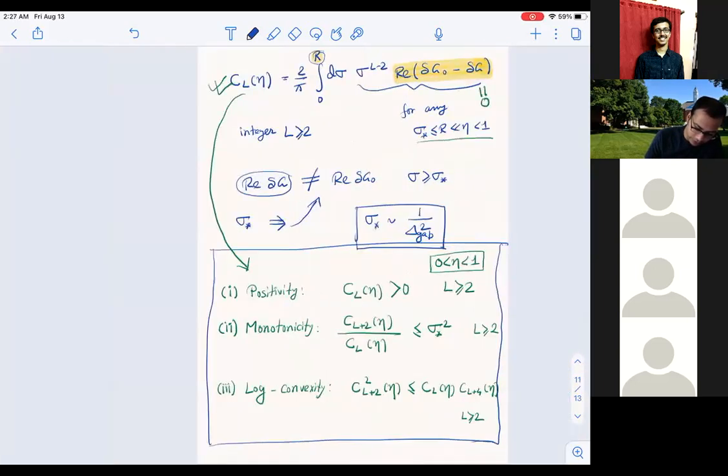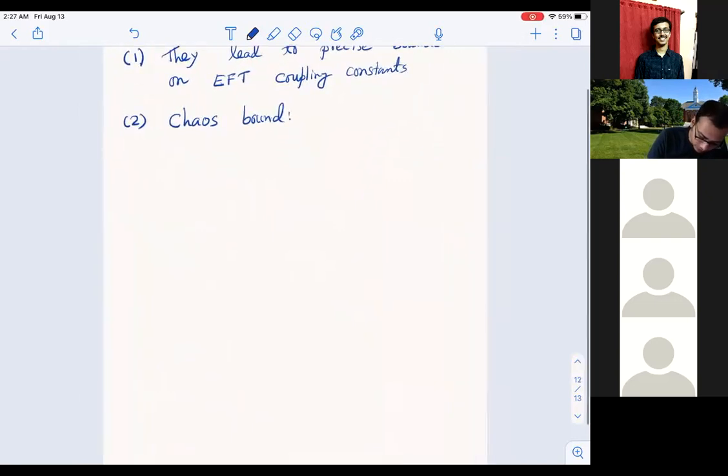The Regge correlator has terms like 1 over sigma plus some number 1 over sigma cube, and also these coefficients, let me write them down: C2, C4, C6.